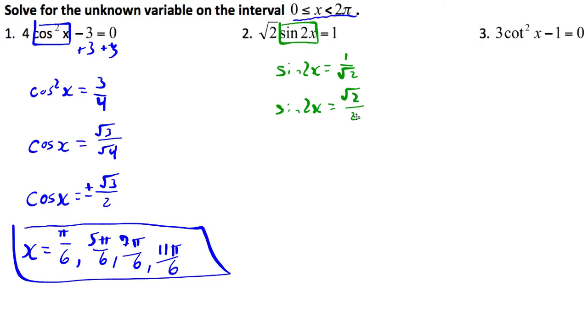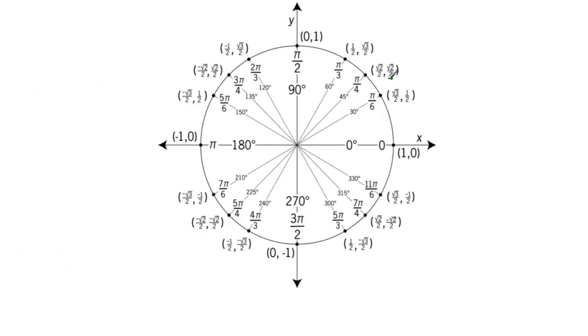So this is asking us now, all right, where do we take the sine and get root 2 over 2? Well, we're going to get the sine for root 2 over 2 at pi over 4 and 3 pi over 4.